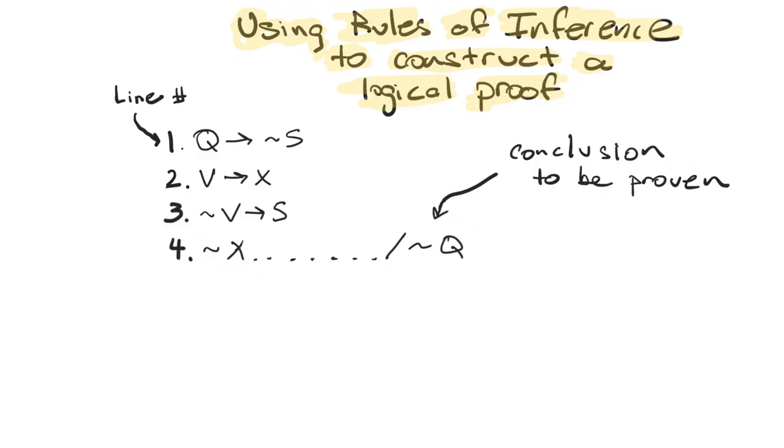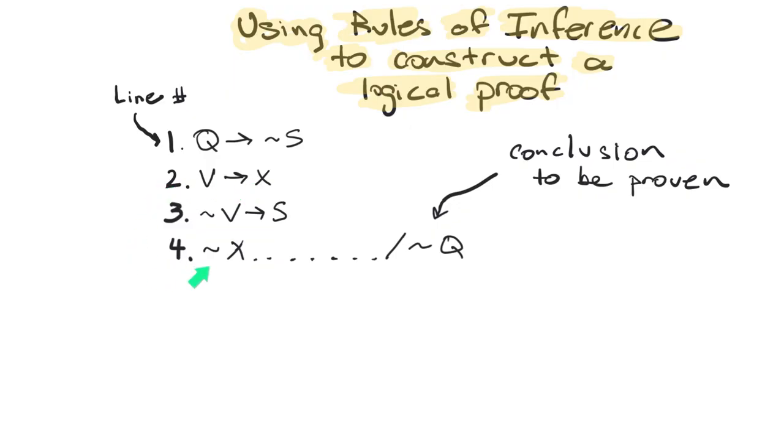So we start looking for patterns of disjunctive syllogism, modus ponens, modus tollens, hypothetical syllogisms, anything like that. You really need to be familiar with what those patterns look like. If we take a look at lines 2 and 4 here, we see line 2 is a conditional with x being the consequent.